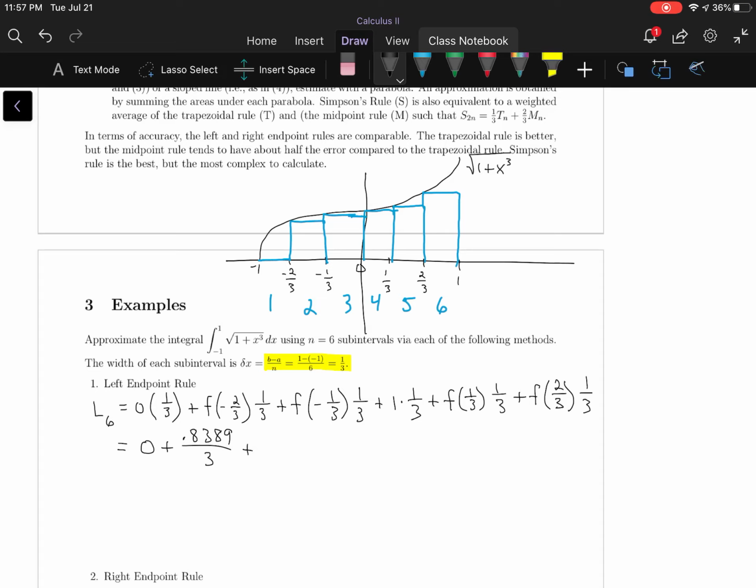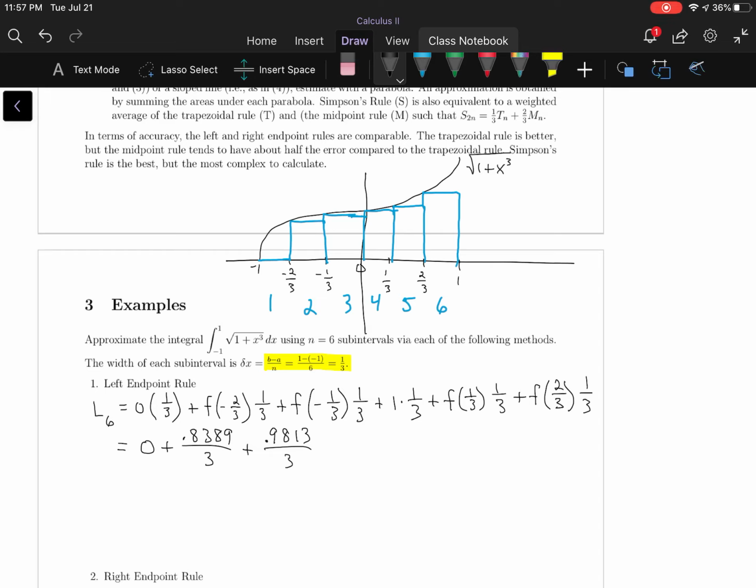So when x is -1/3, 1 plus -1/3 cubed, and take the square root of that, is 0.9813 times the 1/3, or divide by 3. If you are not getting those two numerators, be careful with your calculator, because if you don't put the -1/3 and -2/3 inside parentheses and then cube it, it may not do it correctly.